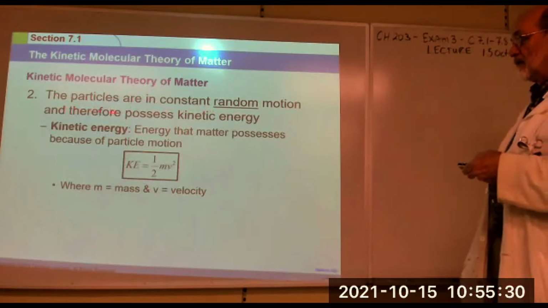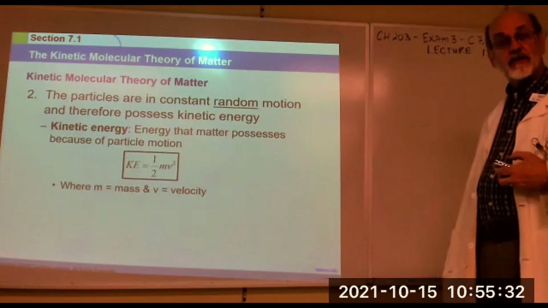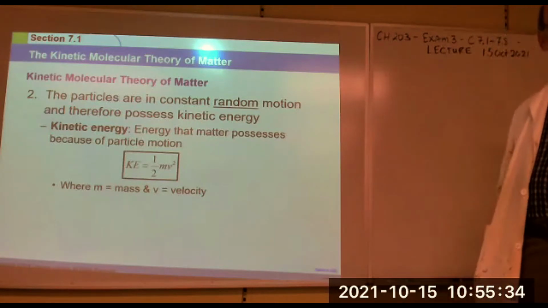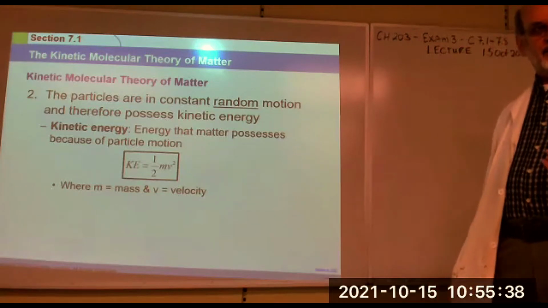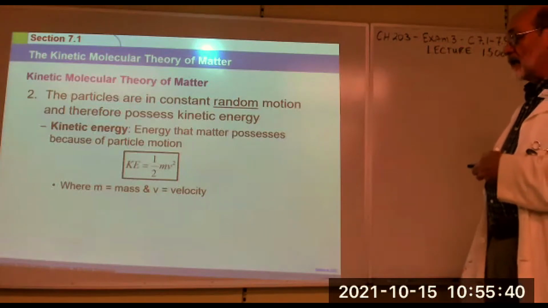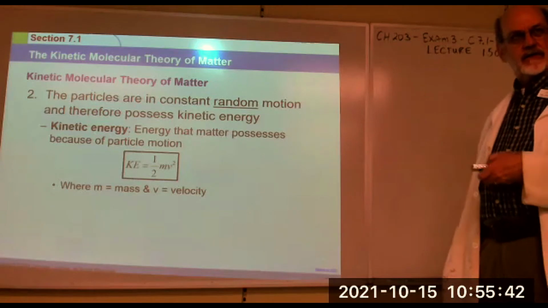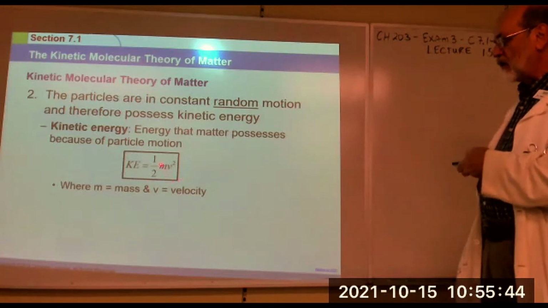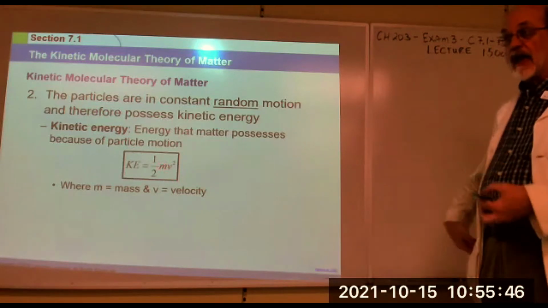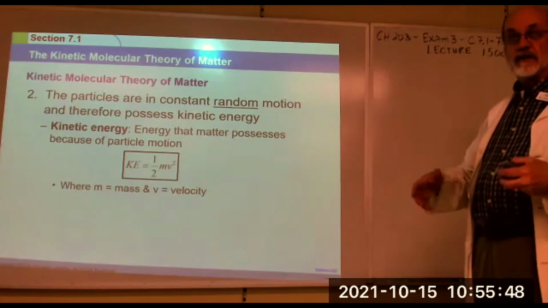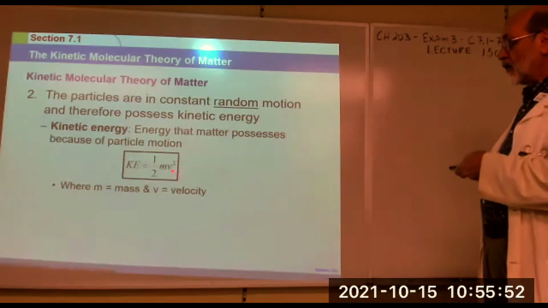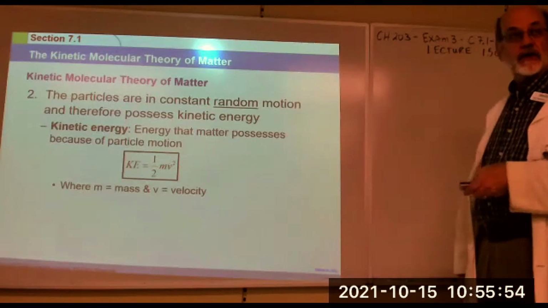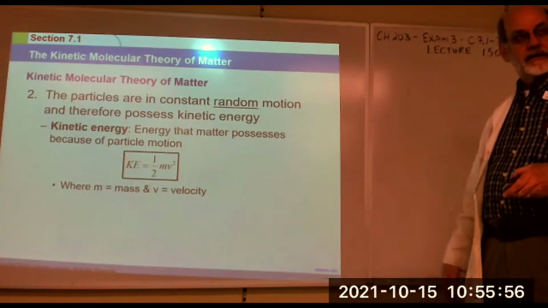Consequently, at any temperature above absolute zero, each particle has kinetic energy, and that's energy of motion. And we can calculate that on an individual scale. If we know the mass of the particle or the mass of the object, it could be the size of a planet for that matter, and if we know its velocity, we can calculate the kinetic energy with this formula.